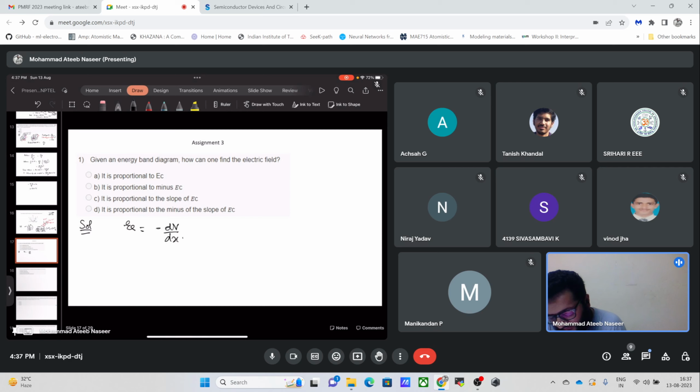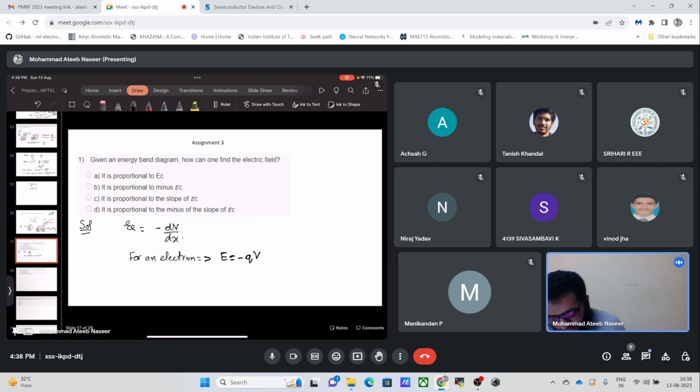So if this electric field is given by minus dV by dx, and we know that for an electron, this is the electronic energy.